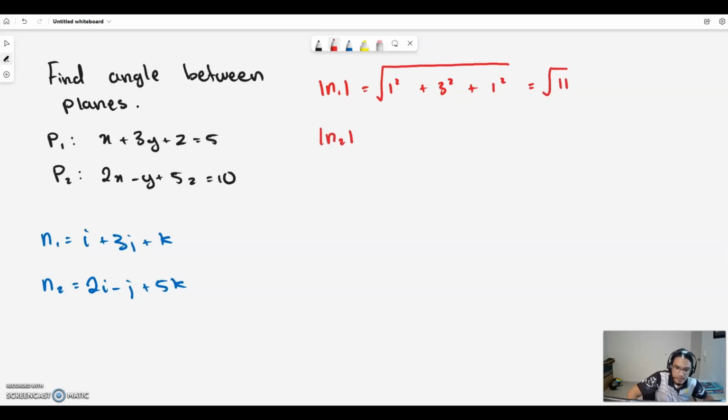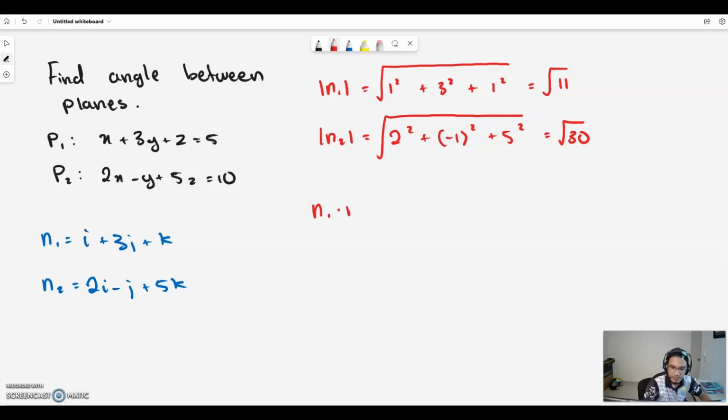Meanwhile, for the magnitude of n2, 2 squared plus negative 1 squared plus 5 squared, this is equal to the square root of 30. Now we calculate the dot product between n1 and n2: 1 times 2, 3 times negative 1, and 1 times 5.